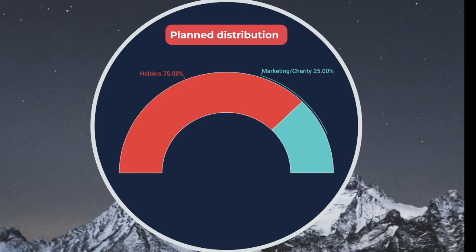These are the times to cost average in. We see a lot of people making this basic mistake: selling in a dip, which just hurts you overall, and not averaging in at the right times.